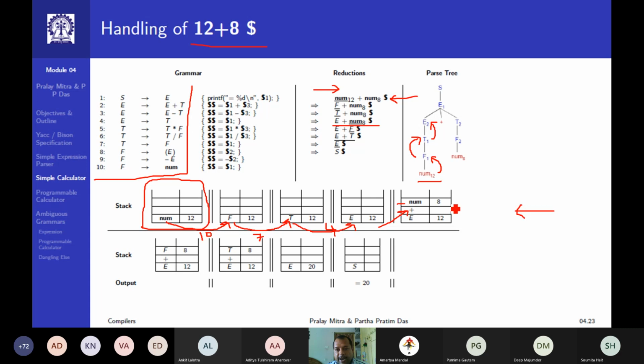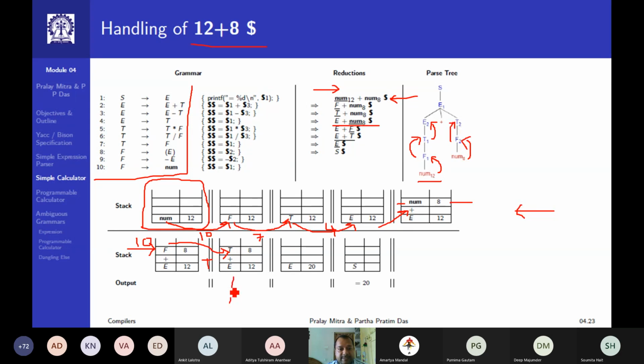So num is here and the value 8 is there. Again, following the 10th production rule, I am changing from num to F. Then following 7, I am changing from F to T. Okay, now here num I have got, then num to F, then F to T I have got.